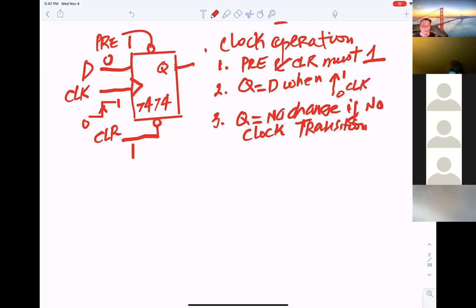For this circuitry, I get preset equal 1, clear equal 1.